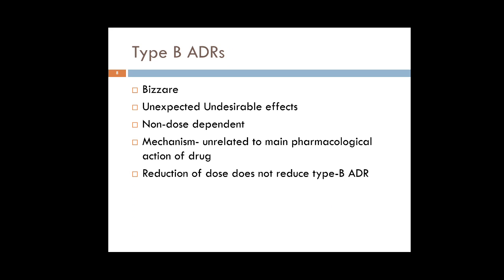And reduction of the dose does not reduce type B ADR. Likewise, we have seen that in type A, the treatment of the ADR was reduction in the dose. In type B, you cannot reduce the dose to stop the reaction. You have to stop the drug if you don't want the reaction, and you have to change the drug.